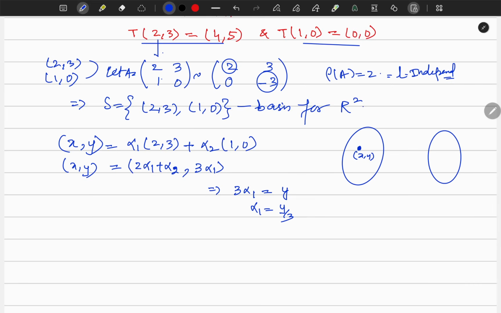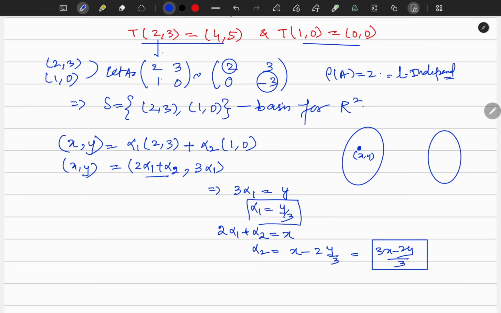From the first equation, 2 alpha 1 plus alpha 2 is equal to x, so alpha 2 is equal to x minus 2 times y by 3, that is (3x minus 2y) divided by 3. Clear? So you got the value of alpha 2, and you got the value of alpha 1.